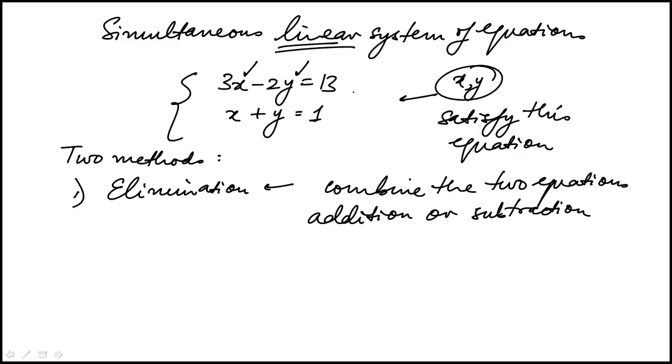Now, when you have two equations, you can always add or subtract the two equations, and the reason for that is that if you have, for example, 3 plus 5 is 8, and 2 plus 1 equal to 3.